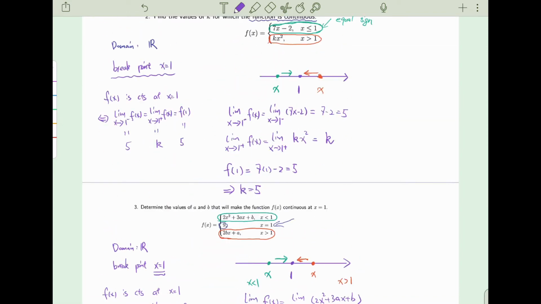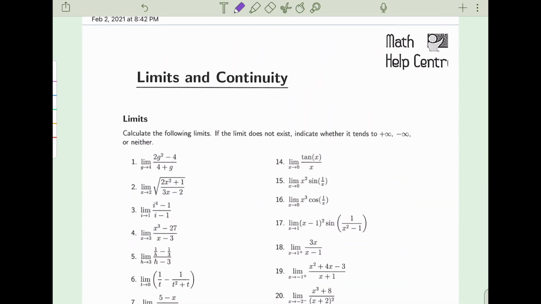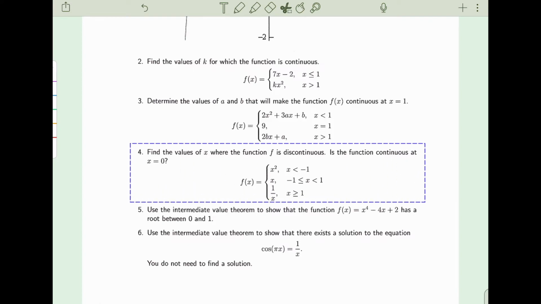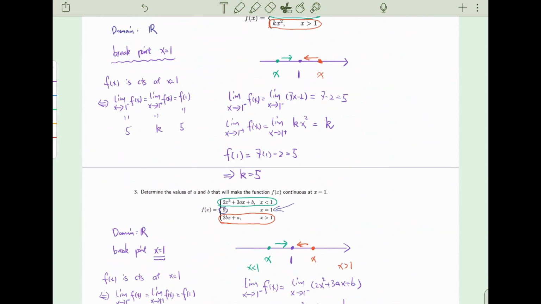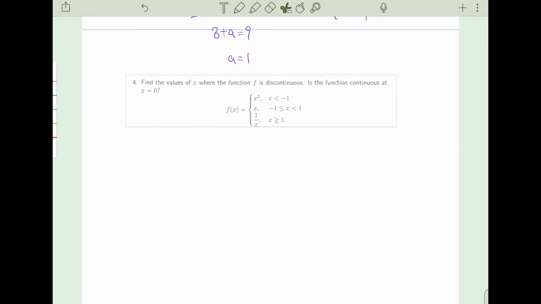Now, let's move on to our question 4, which may be challenging, but we're ready for it. So take a look at this question. Find the values of x where the function is continuous.